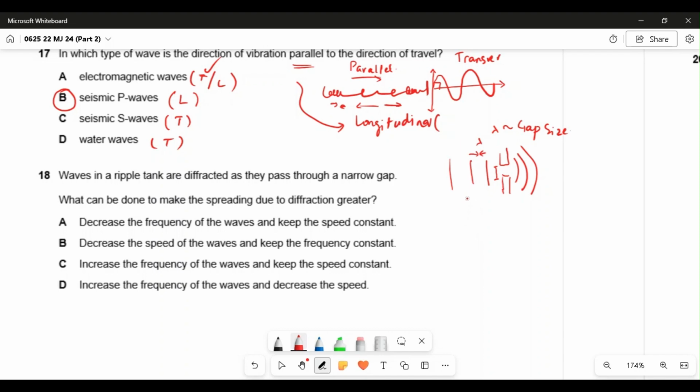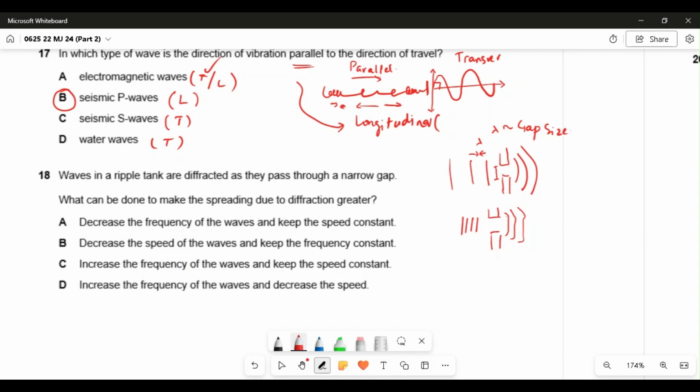If we reduce this wavelength and the gap stays the same, in that case, what happens is diffraction phenomena becomes minor or almost invisible.